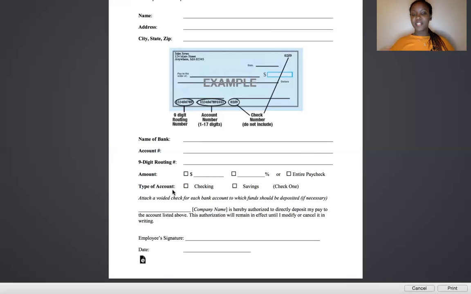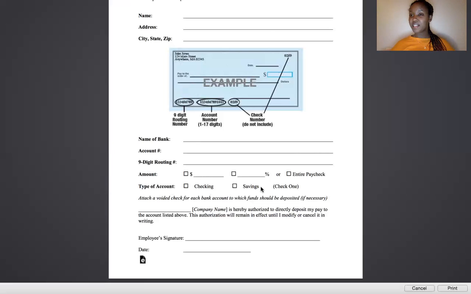Type of account. This means the account that you want your direct deposit to go in. So you have a checking account. So a checking account is just a normal account that you have. And then you have a savings account.